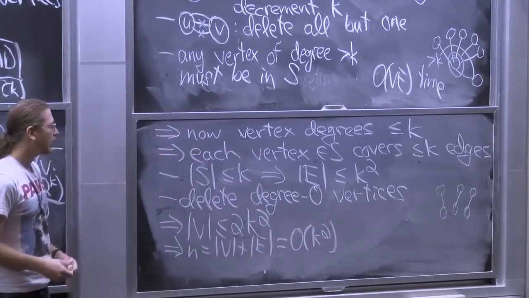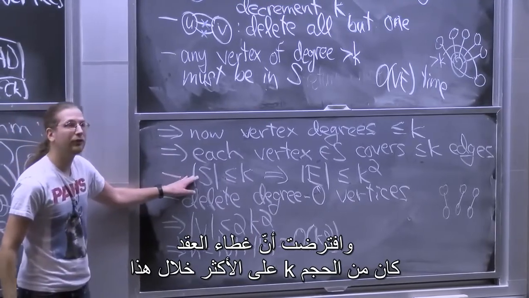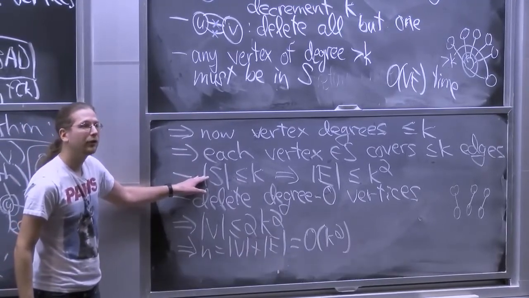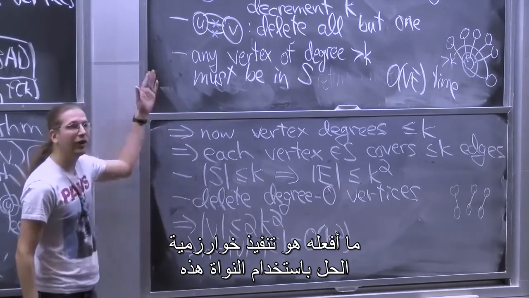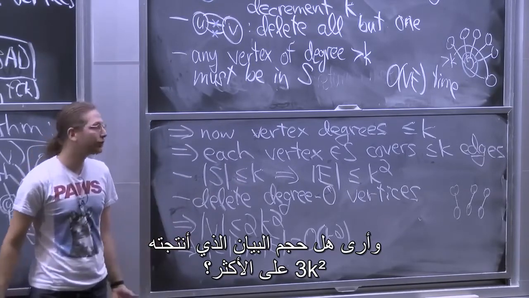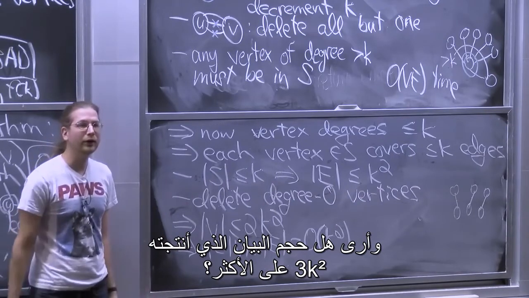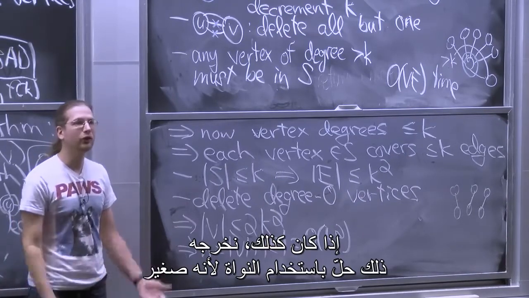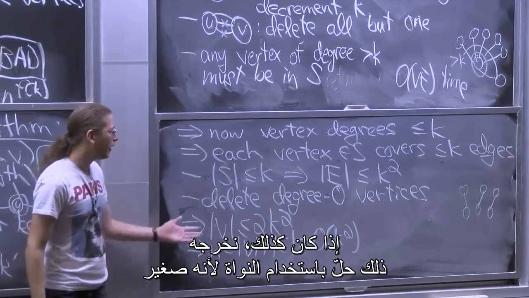And I assumed that there was a vertex cover of size at most k throughout this. So what I do is I run this kernelization algorithm, and I see, is the graph that I produced size at most 3k squared? If it is, output it. That's a kernelized thing, because it's small.